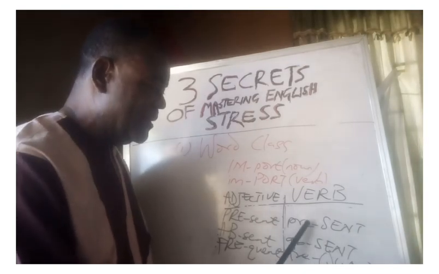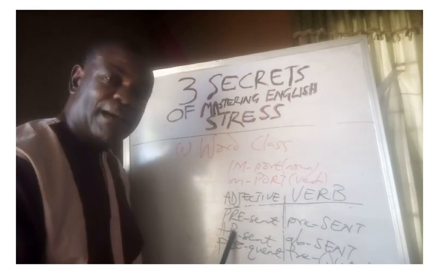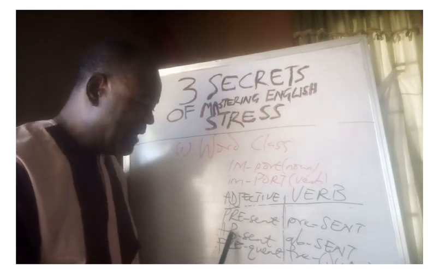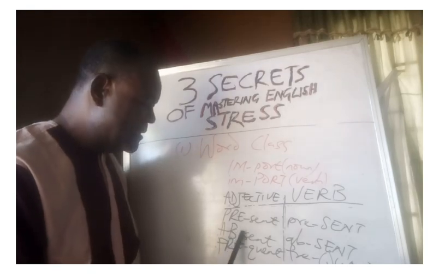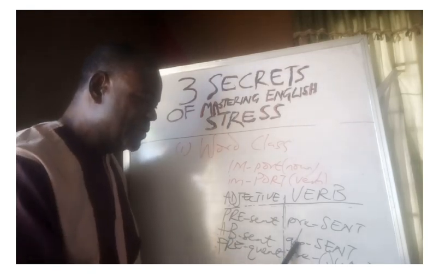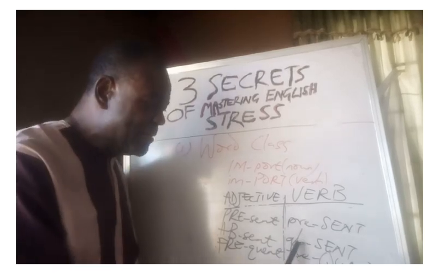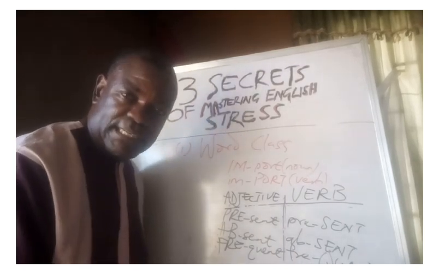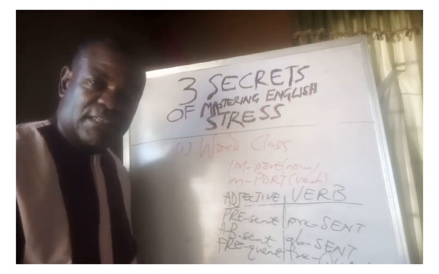That is a verb. The stress is on the second syllable. If you say he was absent from the seminar, that is an adjective. Or you say he usually absents himself from our seminars. That is a verb, and stress is on the second syllable.